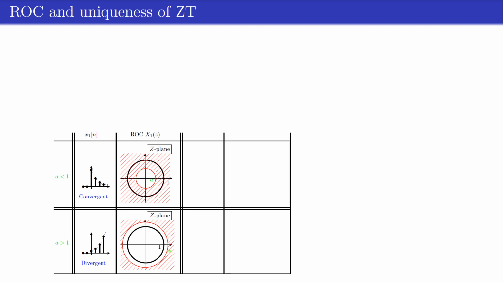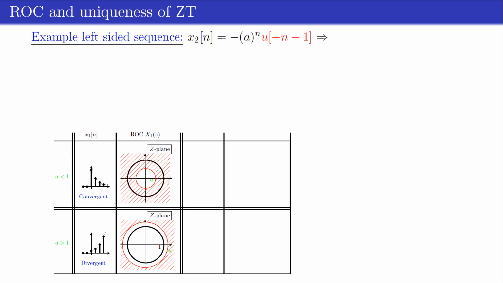In the following, we will show that without knowledge of the region of convergence, there is no unique relationship between a sequence x[n] and its z-transform X(z). As an example, we use the following left-sided sequence x2[n], from which the z-transform is given by the given summation X2(z).